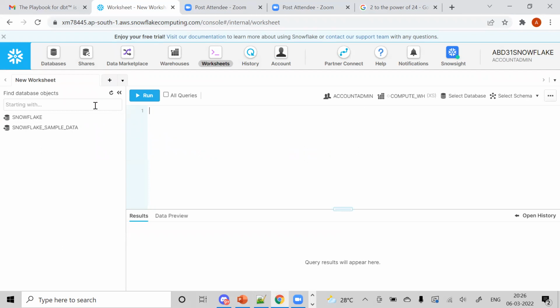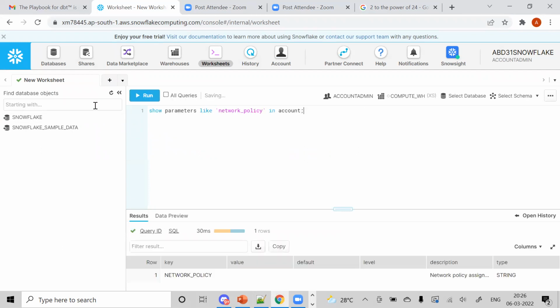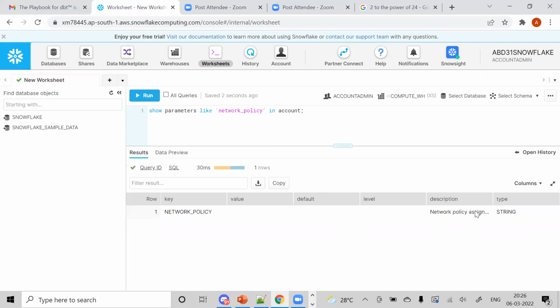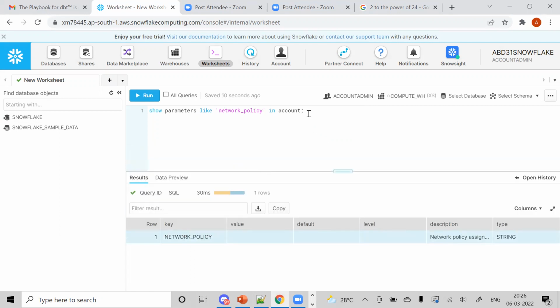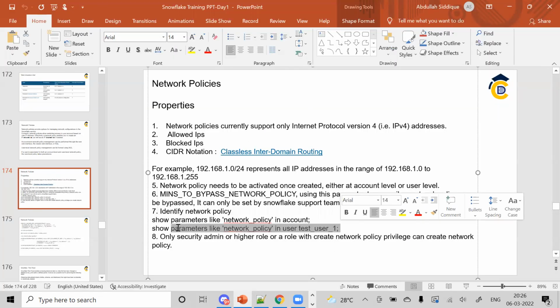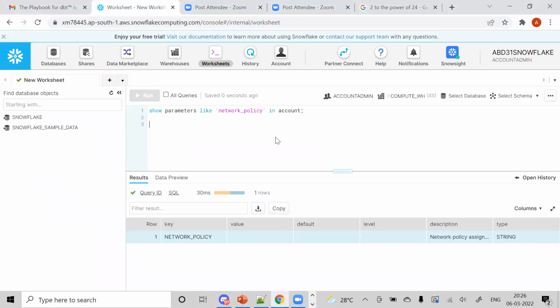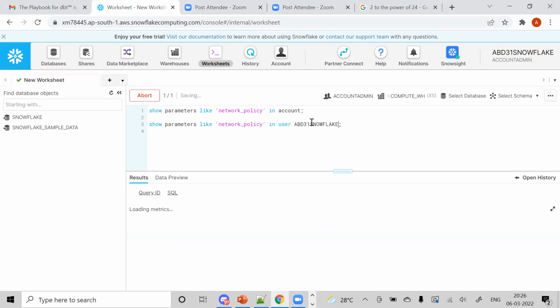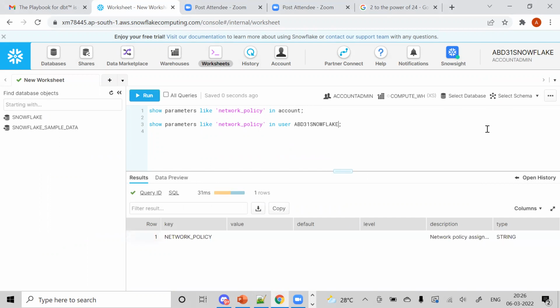We have seen this command earlier also. You can see right now we don't have any network policy assigned for the given target. So this is at the account level. And if you want to see the user, you can say show parameters network policy in the user. And my user is this one. And nothing there.